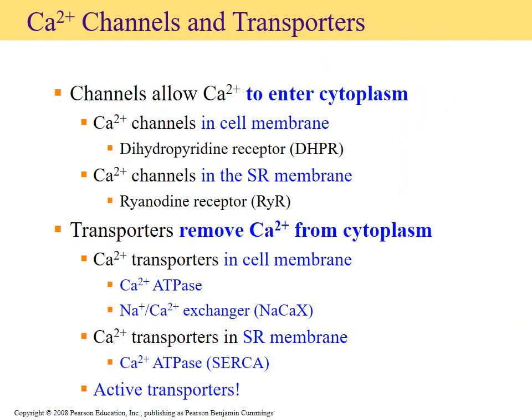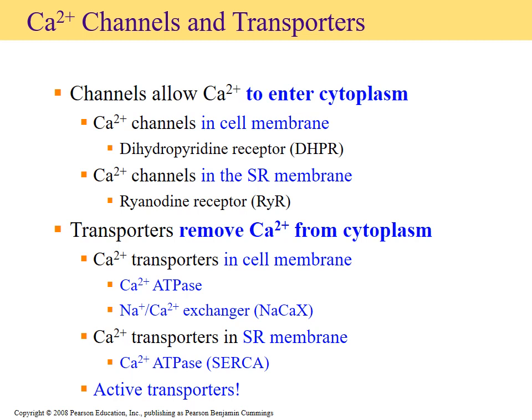Now, let's go ahead and take a look at one more difference, and that's going to be exactly how do we get calcium to the inside of the myocytes, into their cytoplasm if we want the muscle to contract, and also how do we get rid of it if we want the muscle to relax.